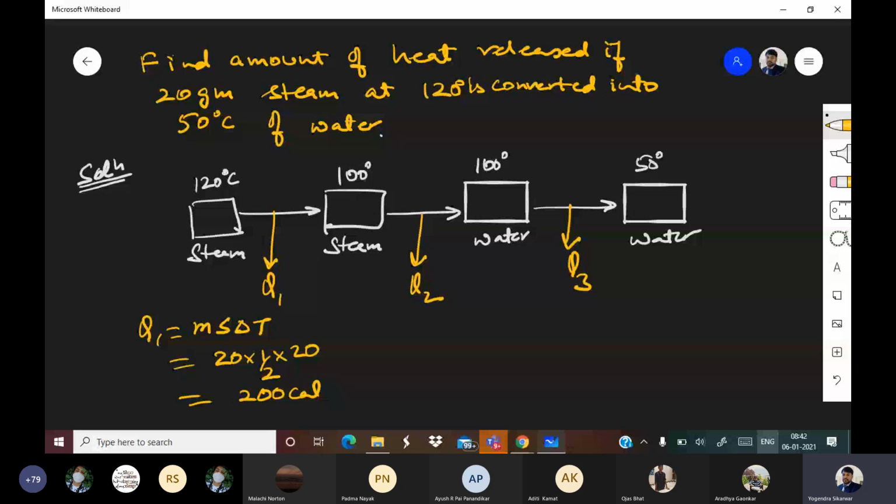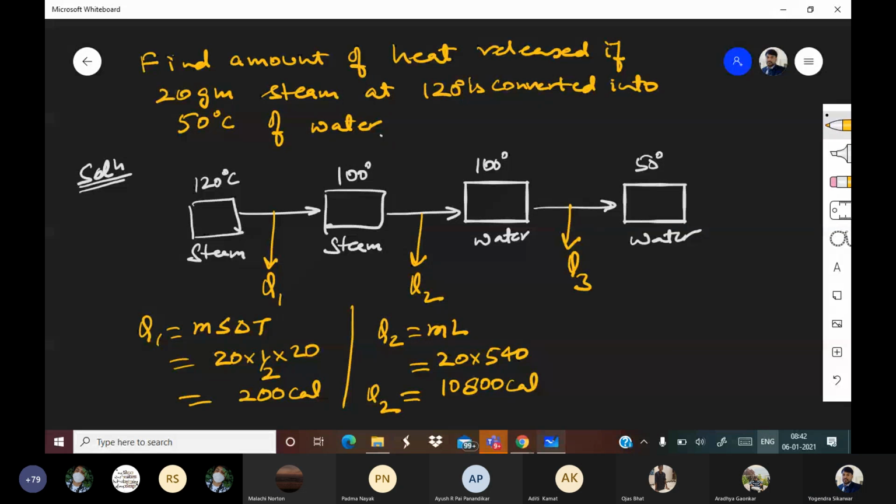Now Q2 will be m L. How much is m? 20. How much is L? 540. So 20 into 540 is 10800 calorie. So this is Q2.